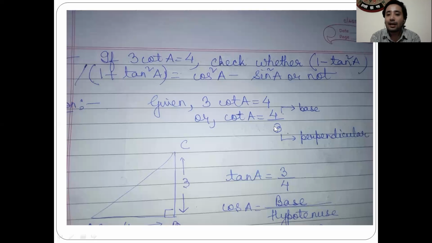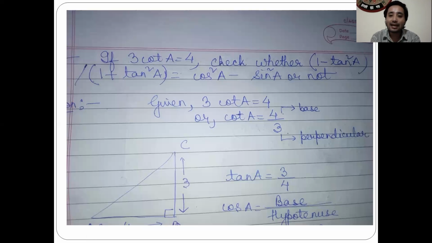Clear? Now, let us go back to yesterday's class, where I had defined how cotangent of an angle was defined. It was defined by base by perpendicular. You can refer to the previous video. That was my first point.